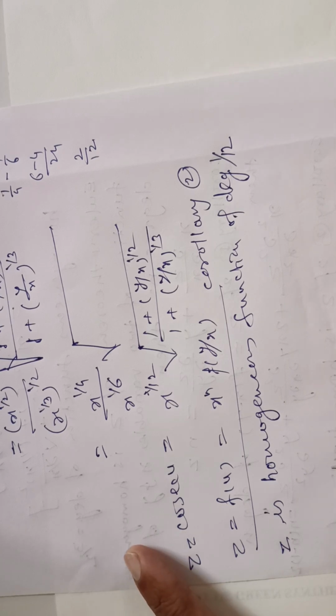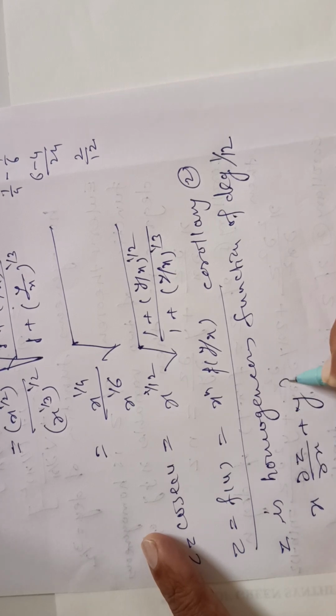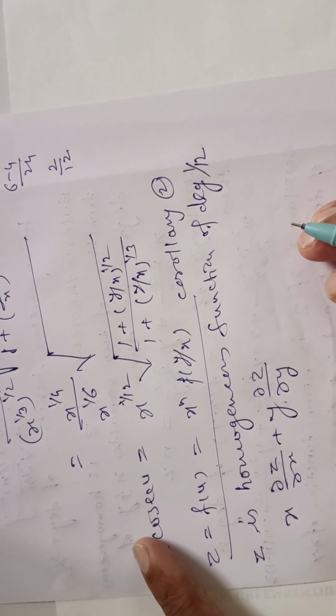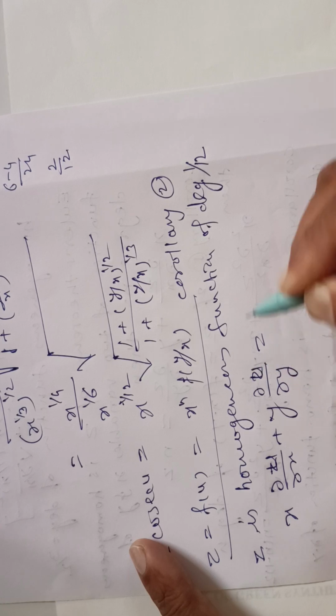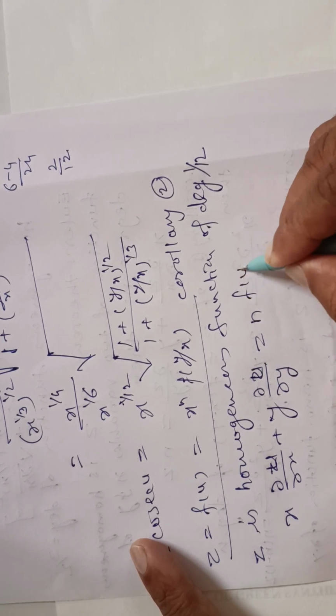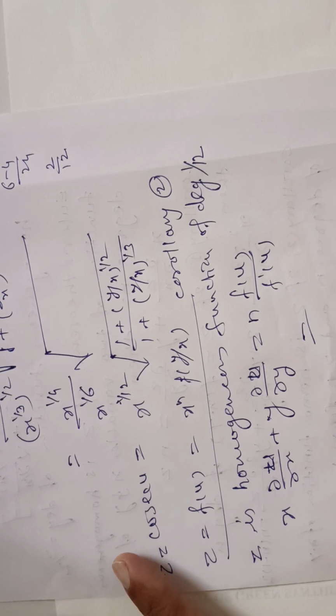Now by using the corollary 2 formula, x dabba z by dabba x plus y dabba z by dabba y is equal to, or you can write in terms of u also, n into f of u divided by f dash of u, as it is an f of u function.